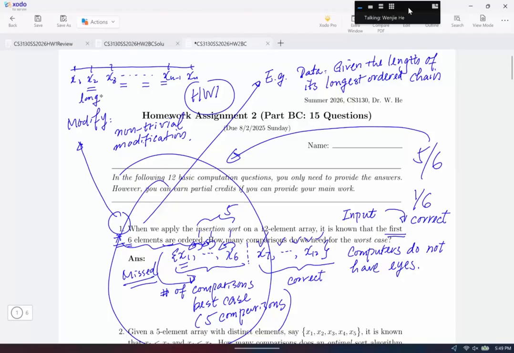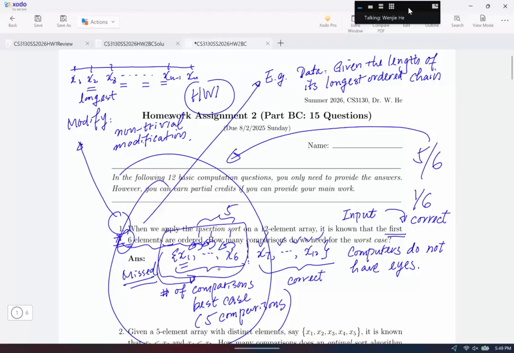the length of the ordered array is related to the number of comparisons, right? Longest. For example, the 6 elements. So I may say the length of the longest ordered chain is 6, for example, like this. That means the location is not the first 6 elements.